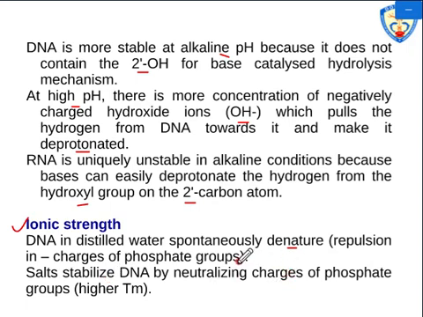So if the negative charge of the phosphate group is neutralized, DNA gets stabilized, and therefore more heat or more temperature is required to break the DNA molecule, and therefore the melting temperature will be higher. So if salts are stabilizing the DNA molecule, the melting temperature will be higher.